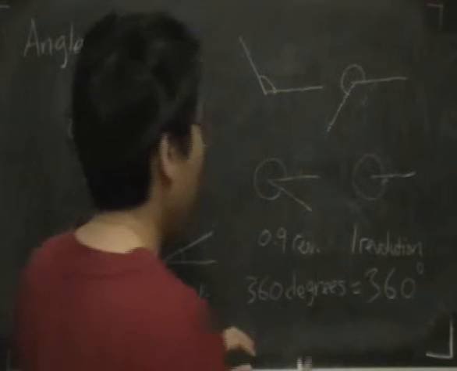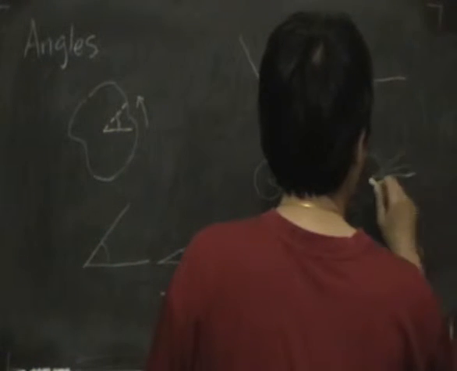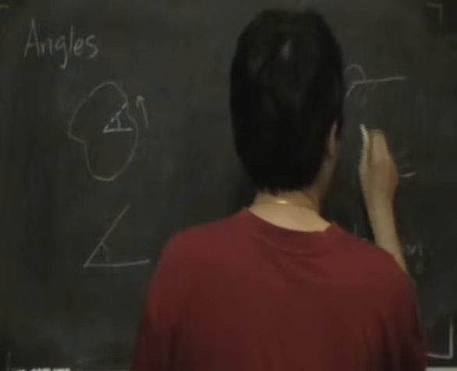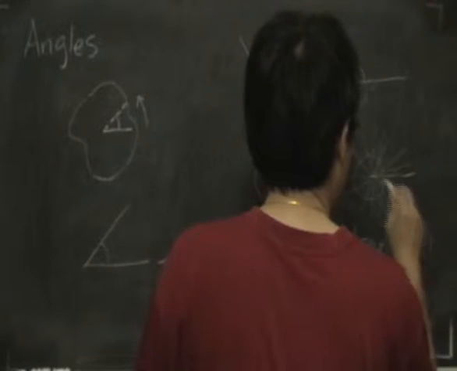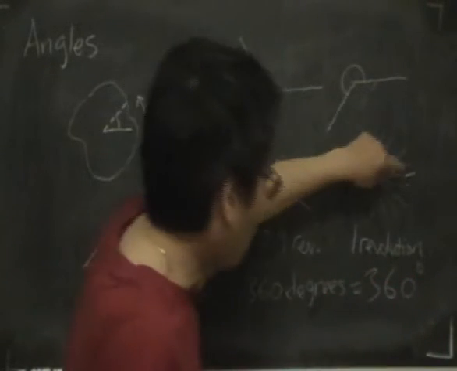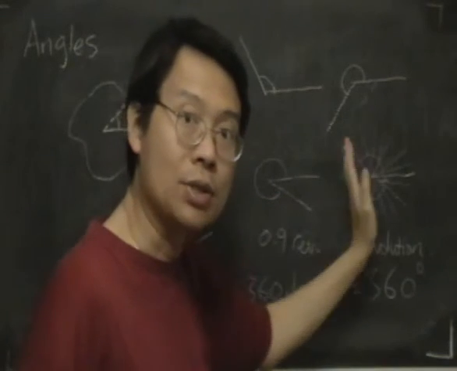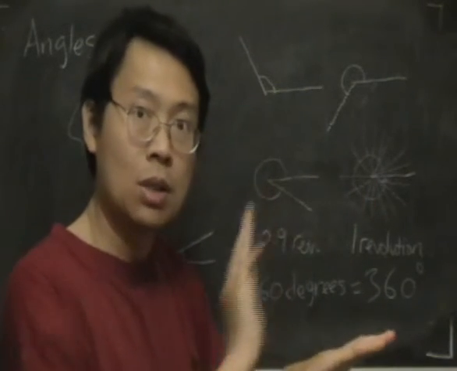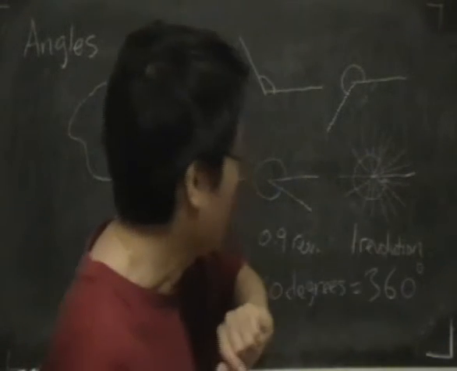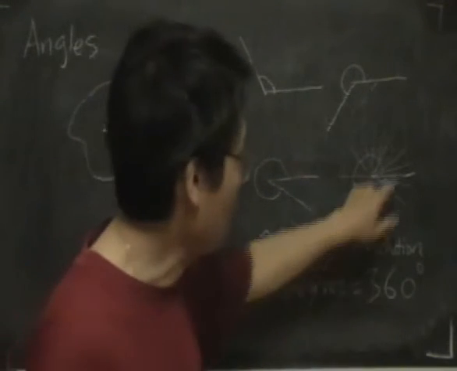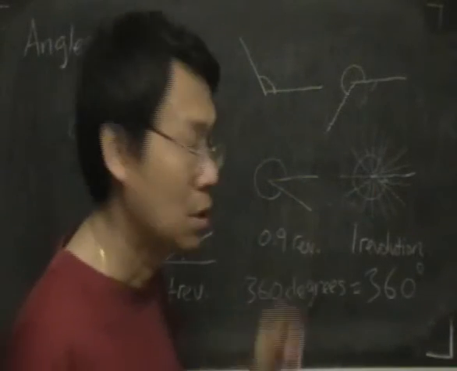So if you want to divide that, you start with smaller angles and you start cutting up this 1 revolution of the angle into small, equal intervals of angles. Alright, and you have to divide it up into 360 equal angles.